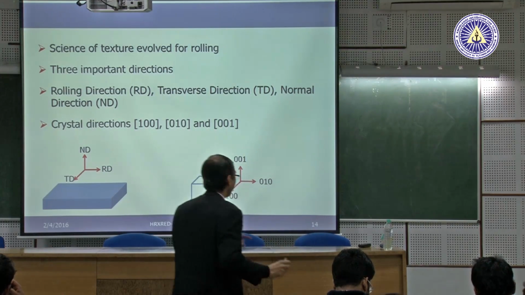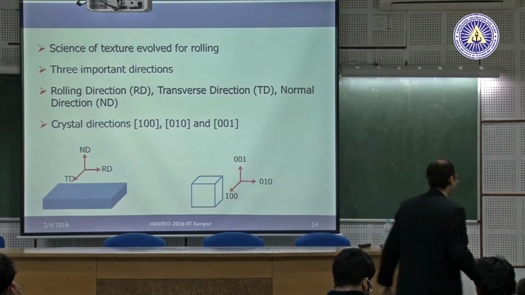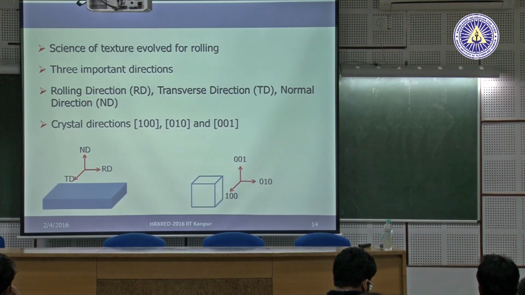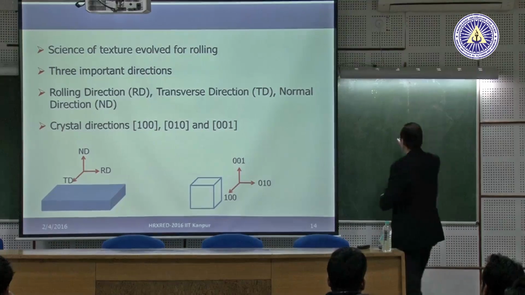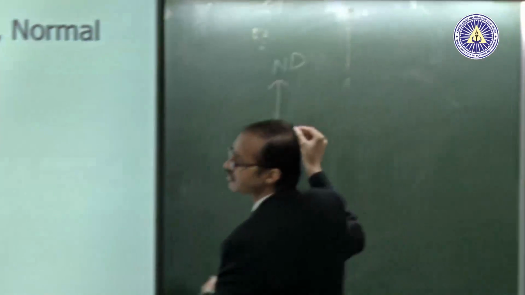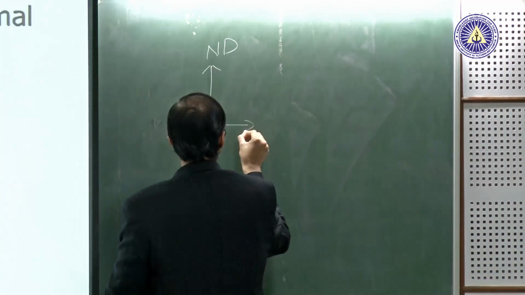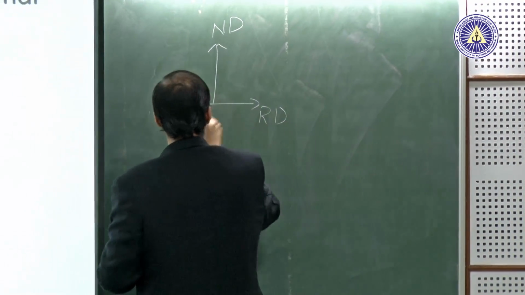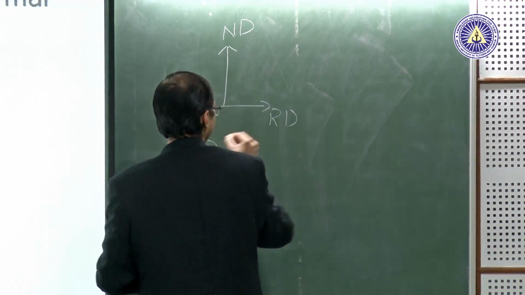So now what I have is a very simple problem. I have two frames of references. Now, what I have written over here is my sample. This is my ND. Let me draw it so that I don't mess up. This is RD, and my goodness, TD.